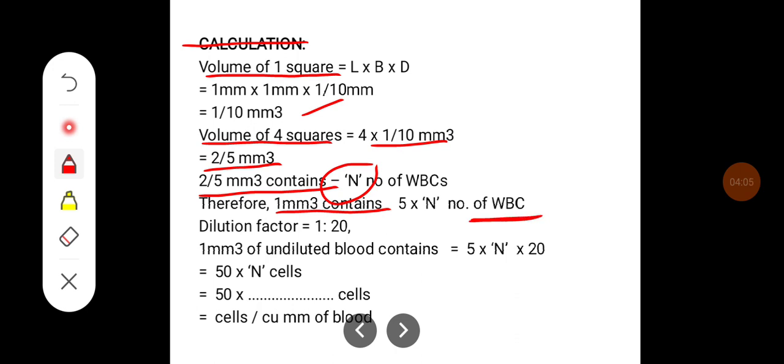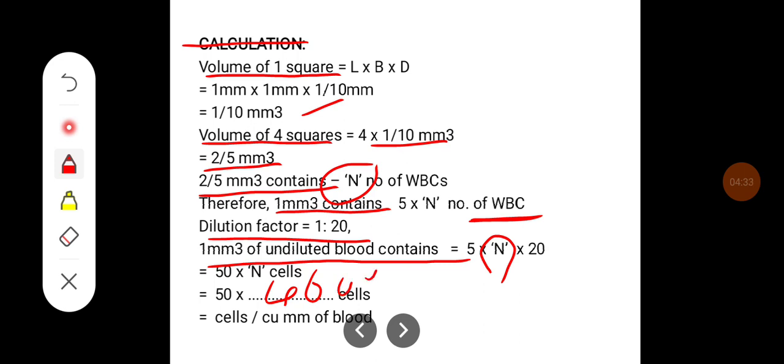Here the dilution factor is 1 in 20, and therefore 1 cubic millimeter of undiluted blood contains 5 into n into 20. So if the number of cells in all the four chambers is around 200, that means 50 into 200 will be somewhere around 4000 cells.